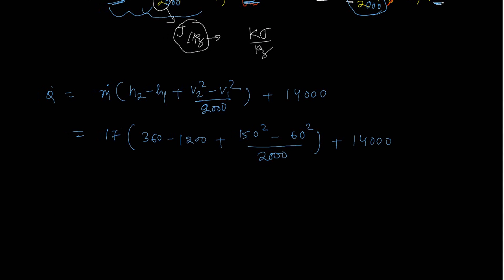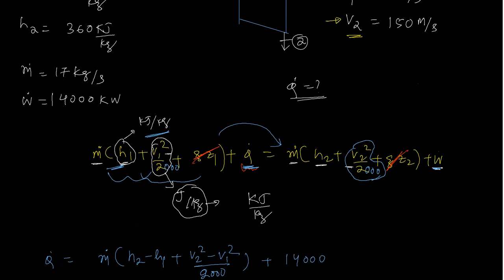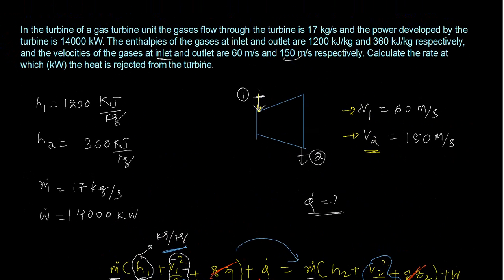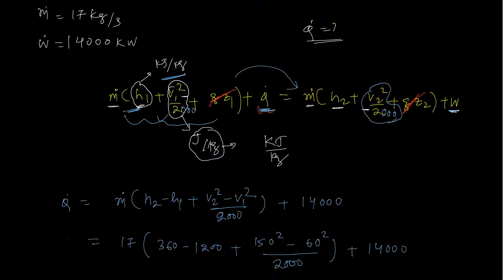So I'm getting minus 119.35. So obviously here I'll be getting this term in terms of kilowatt. Okay, so q dot, this obviously minus sign simply indicates that our heat is getting rejected from the system, right? And we are asked to calculate the rate at which heat is rejected from the turbine. Okay, so we need to answer this one.